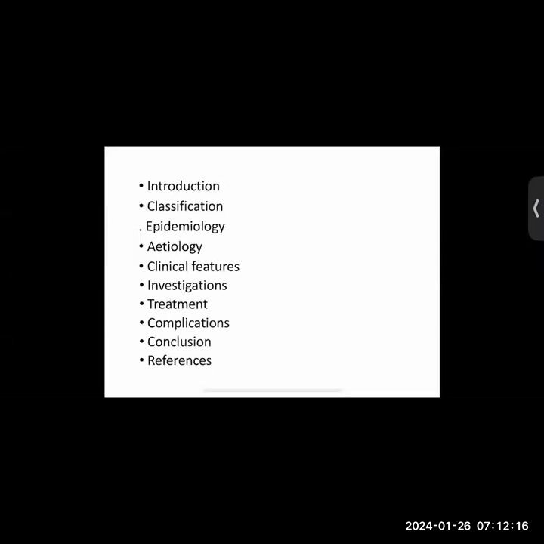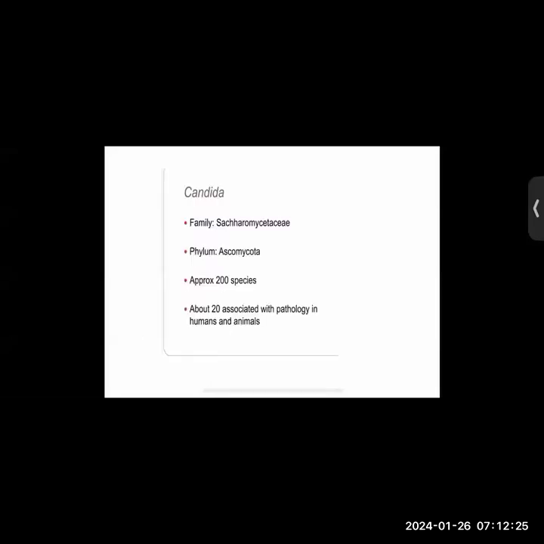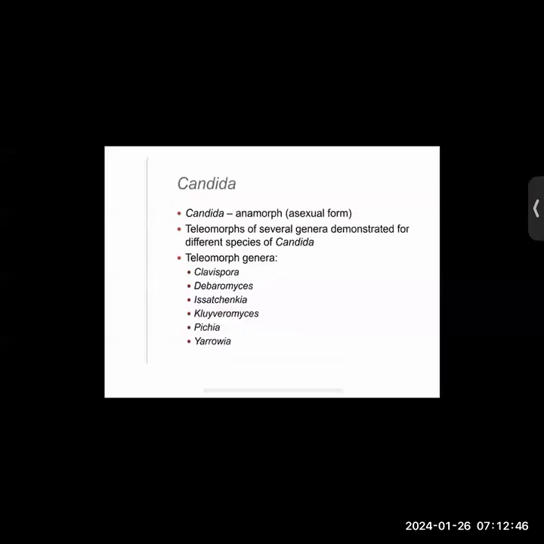Okay, so I would like to talk on Candida using the following outline: introduction, classification, down to references. Next slide, please. Candida belongs to the class Saccharomycetes. It is an Ascomycota in phylum, and there are about 200 species, with about 20 associated with pathology in humans and animals.